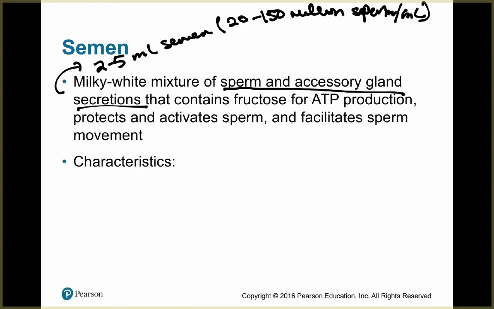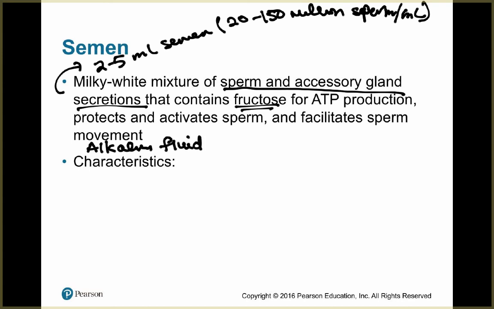And that semen contains what's known as fructose. And fructose is important for ATP production. It helps to protect and activate sperm, and it's going to help facilitate sperm movement. And so this stuff is basically an alkaline fluid.